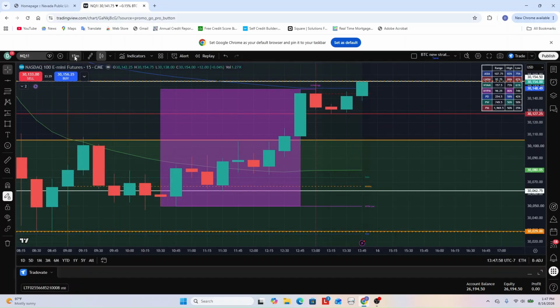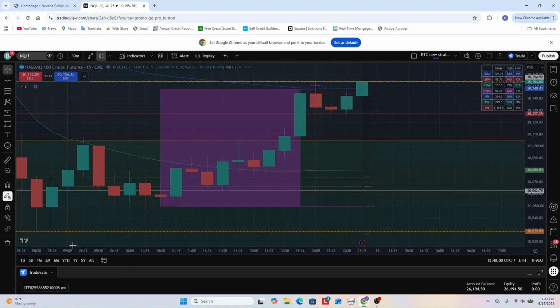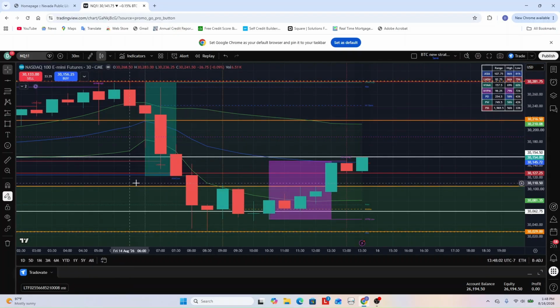Oh, and as far as the 30 minute, I do use the 30 minute as well. So let's just say that it's bullish, right? On the 30 minute, the next area that it will go to, and I just look over to my left on this side right here because these are untouched, right?